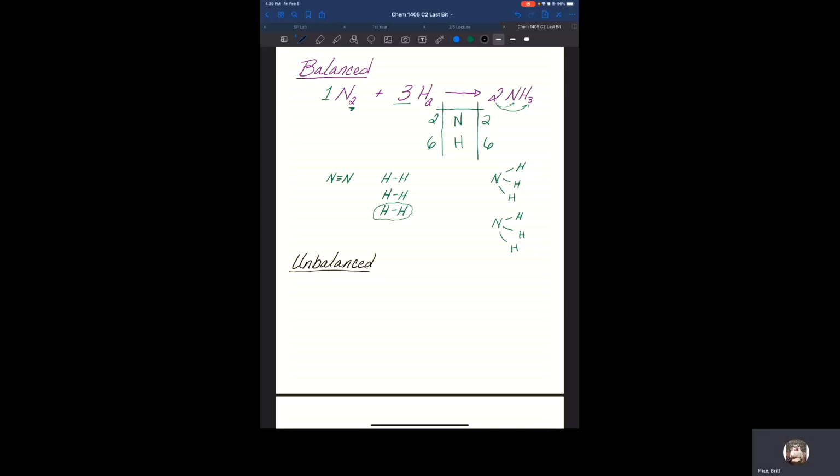All right, for this unbalanced one, it's going to be Fe(NO3)3 and K2SO4 going to make Fe2(SO4)3 and KNO3.